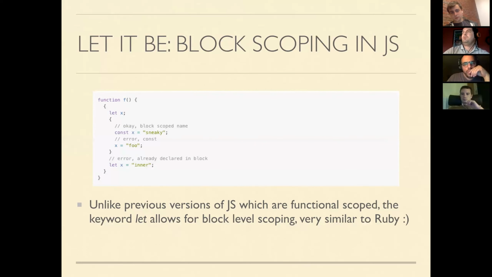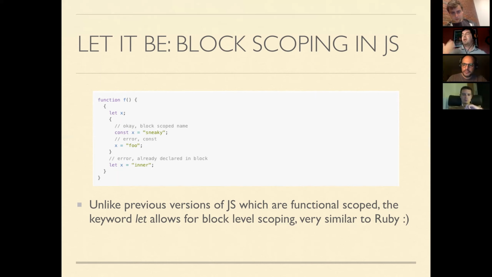So in this example, we have a function called f, and then we scope x, so only block scope name. So why do we get an error here? So we see, no, sorry.